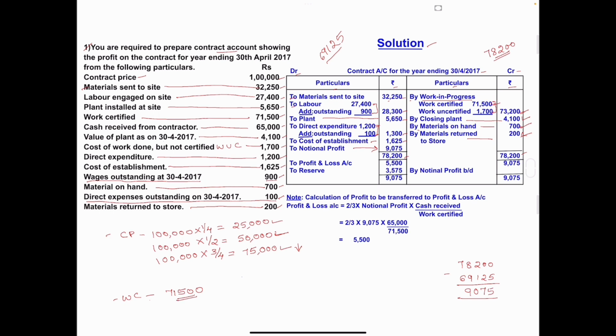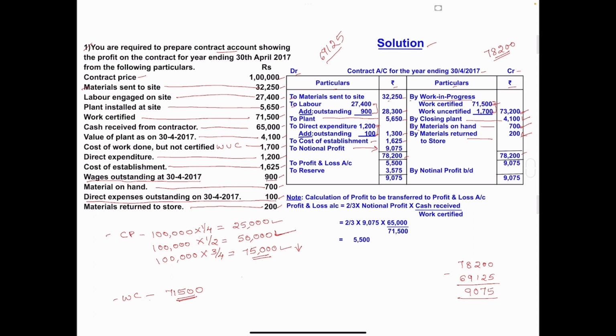Our work certified amount is more than half of the contract price, yes, more than 50,000. But it is less than three-fourth of the contract price, which is 75,000. So 71,500 is less than three-fourth of contract price.